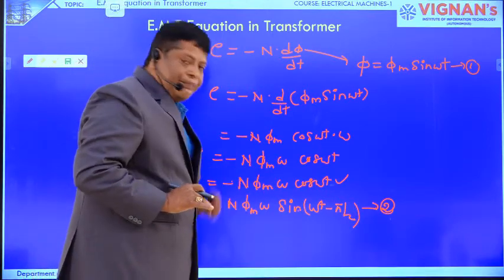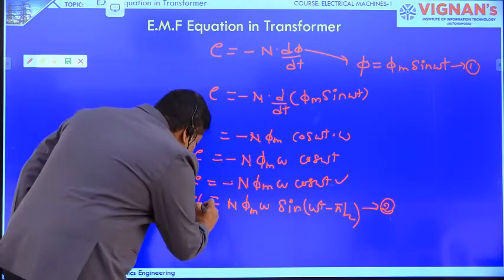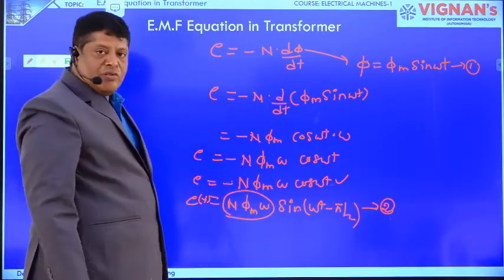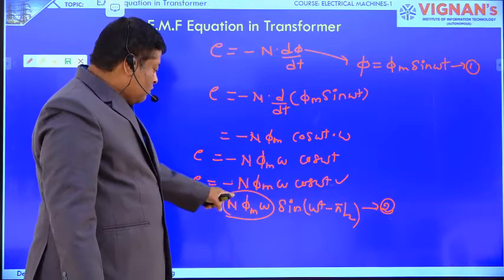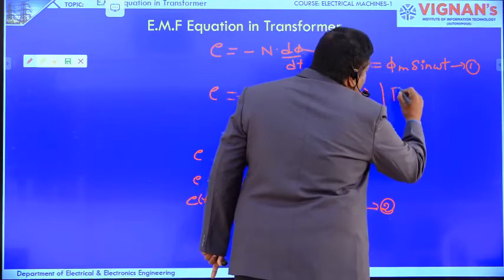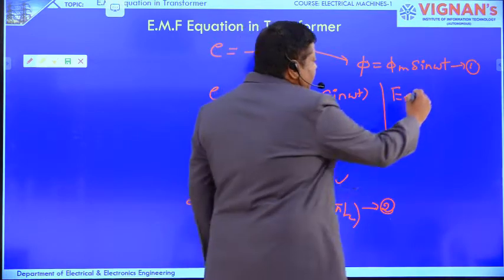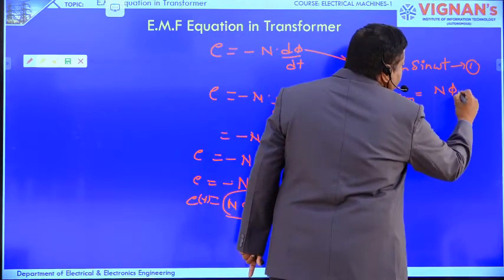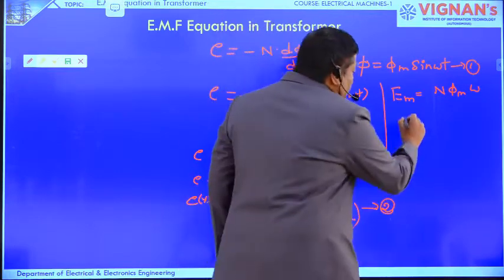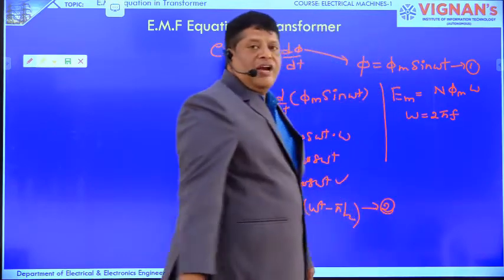Now come to expression 2. In this expression, this is the instantaneous voltage, and this quantity is the maximum value. The maximum voltage Em equals N φm into omega, where omega equals 2 pi f, the angular frequency.